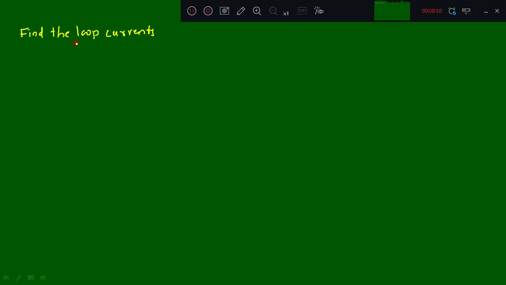Using a mesh analysis, right? So the circuit is given in this way.